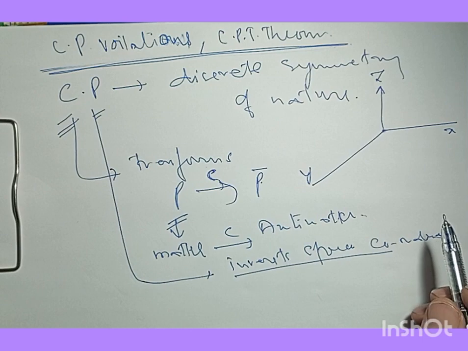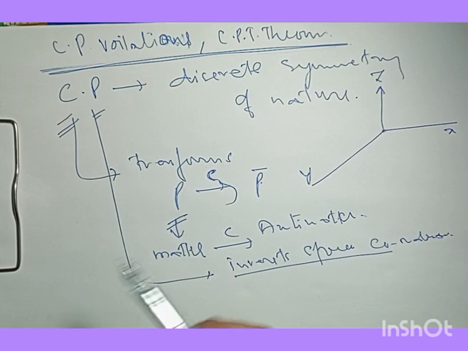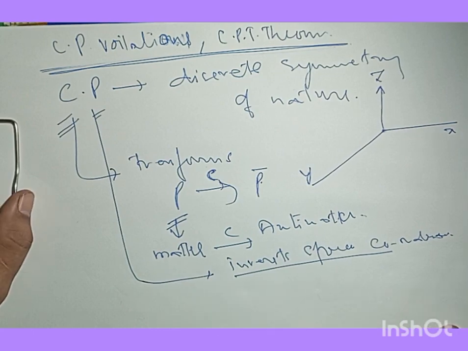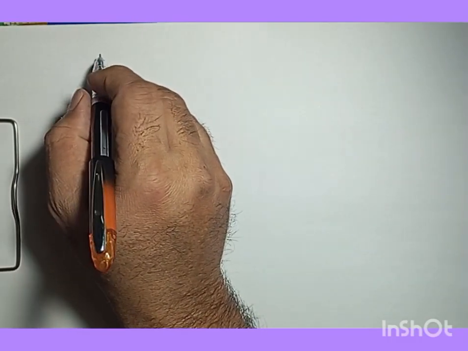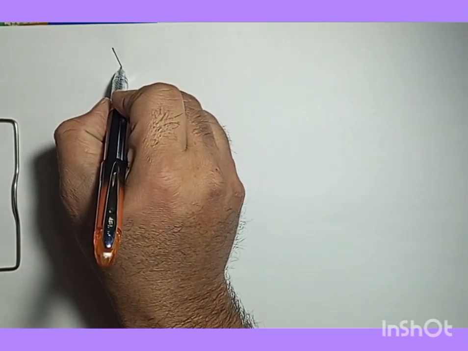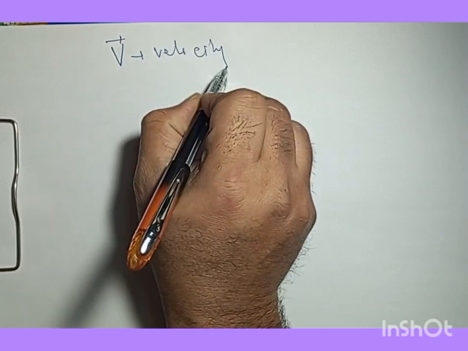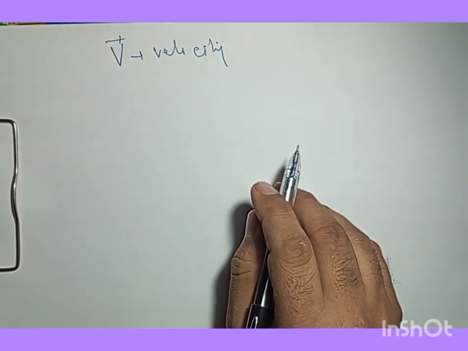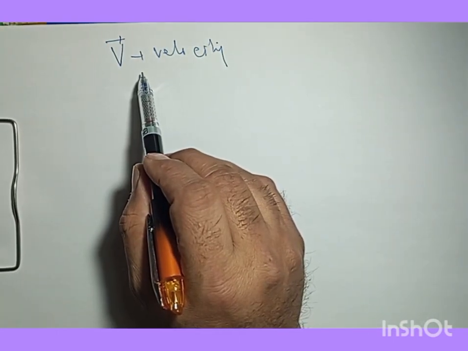Now, when this CP transformation is applied to matter, assume we have a material particle moving with velocity v.